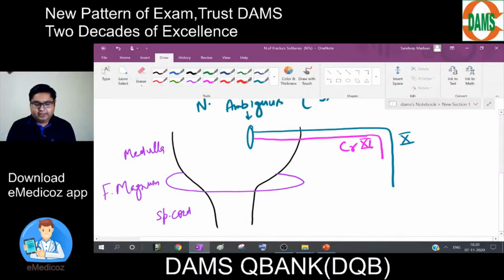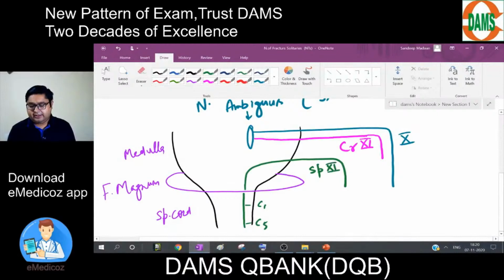And from within the spinal cord, from C1 to C5 segments, this nerve first enters into the cranial cavity by passing through the foramen magnum, and then it is ready for the exit, right? What is this nerve? This is the spinal accessory nerve.